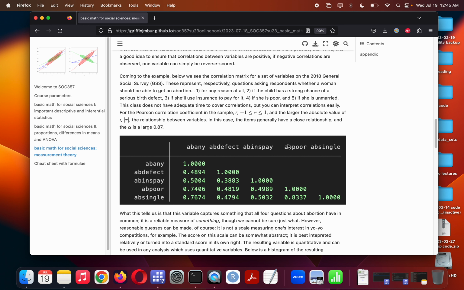So for instance, the correlation between ab poor and ab single is 0.83, which is very high for a sociological variable.